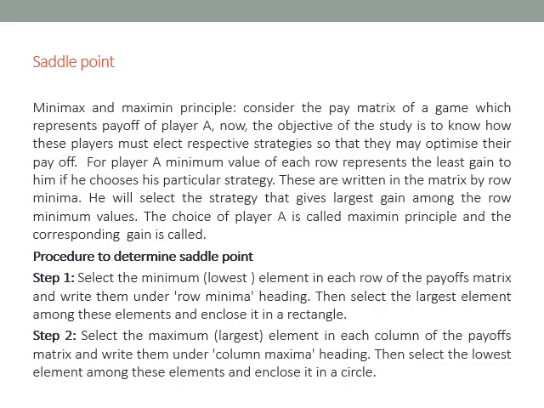These are written in the matrix as row minimum. He will select the strategy that gives him the largest gain among the row minimum values. The choice of player A is called the maximin principle, and the corresponding gain is called the maximin outcome.